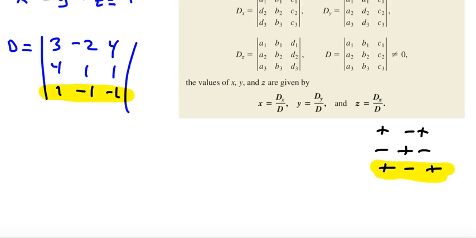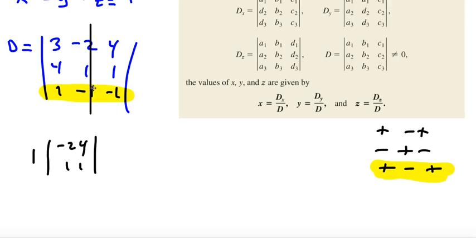For my first guy, I'm going to cross this column out, which leaves me with 1, 1. So this is a positive 1, multiplied by the determinant of negative 2, 4, 1, 1. Move that over.